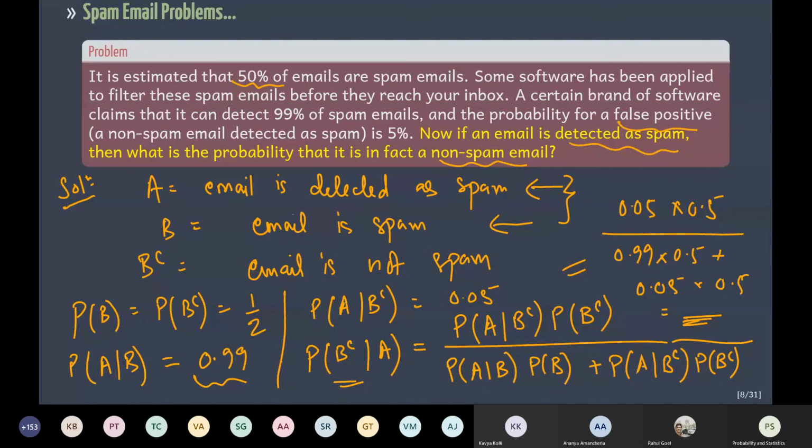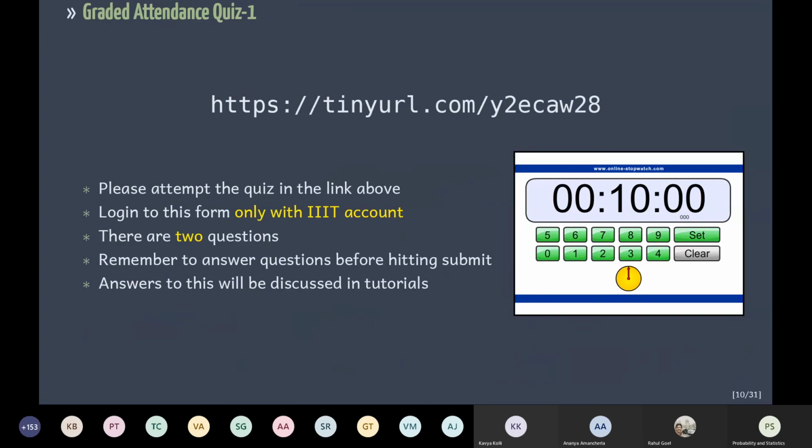Now we have an attendance quiz, and this will be graded. You log on to this URL, and you will have some problems that use Bayes theorem.